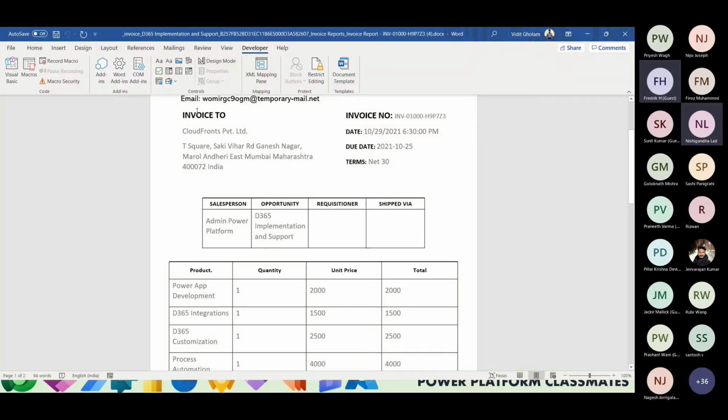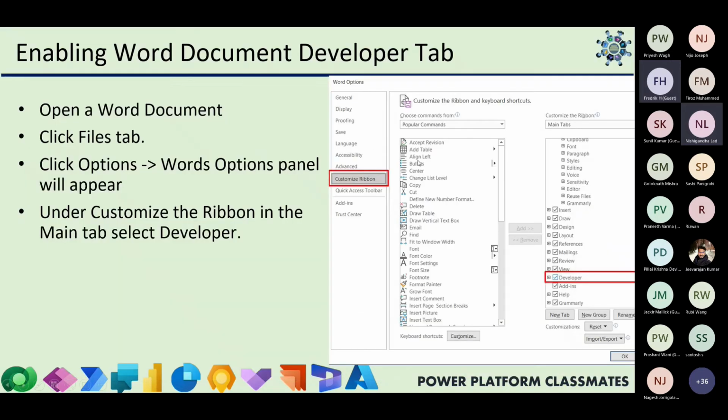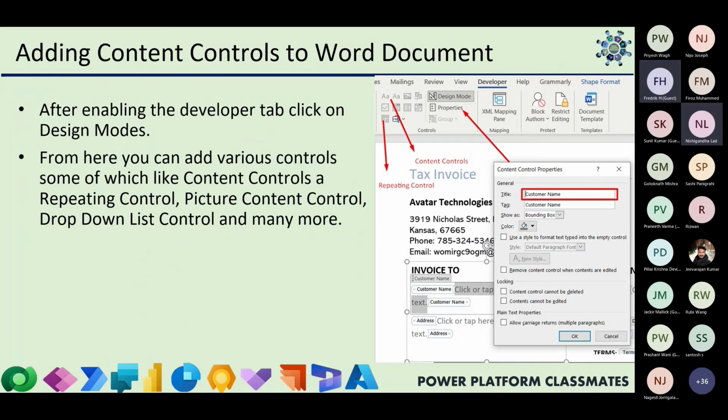In this Developer tab, there are many content controls. You can add picture content controls or repeating controls. We'll be seeing a few of them later in our presentation. I'll move back to my slide. So that's how you enable a developer tab in the Word document.